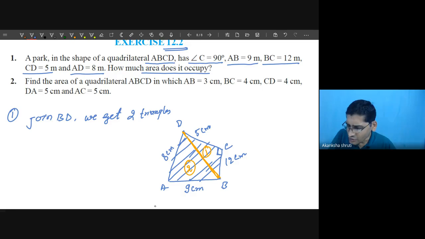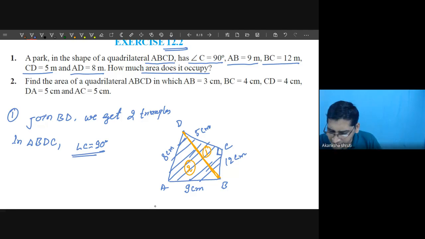But the question is how to get the area of each triangle. For that we need each of the three sides. In triangle BCD, angle C is 90 degrees, and by applying the Pythagoras theorem, BD can be calculated.